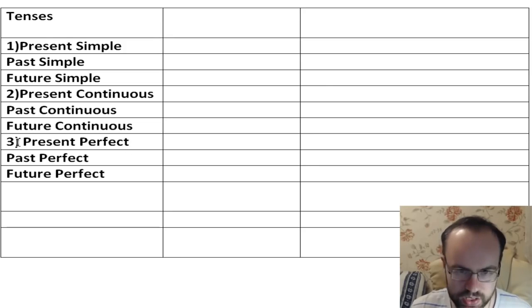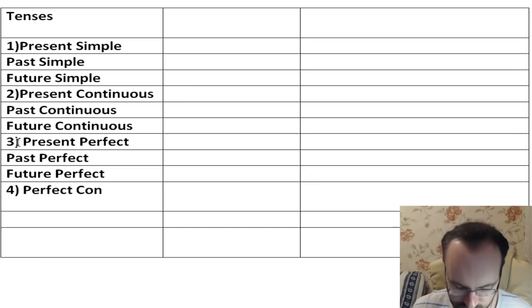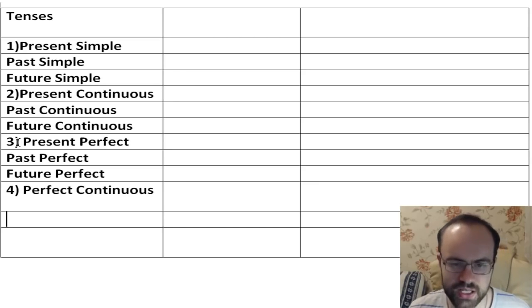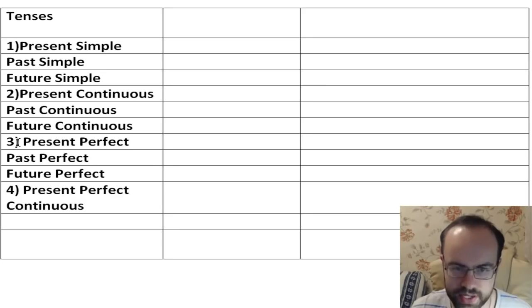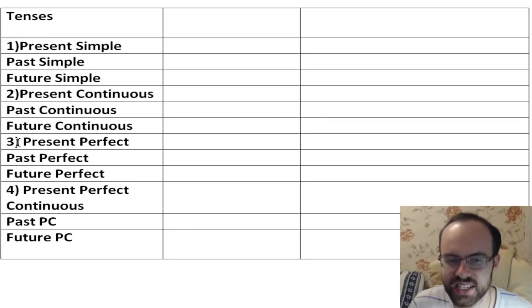Okay, the most difficult group is called perfect continuous, so it's considered to be the most difficult group, and we have these tenses: present perfect continuous, past perfect continuous, and future perfect continuous, okay? So you see that there are four groups.